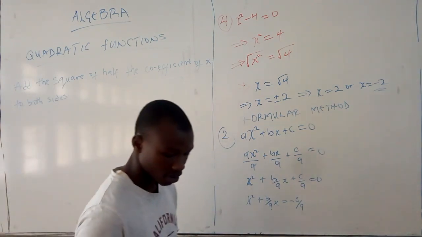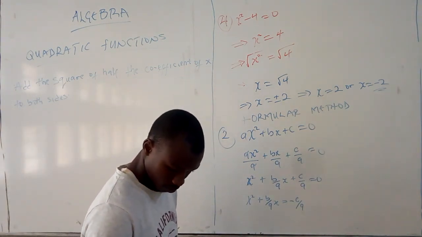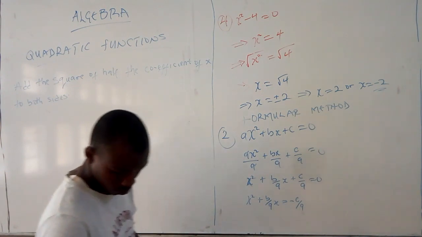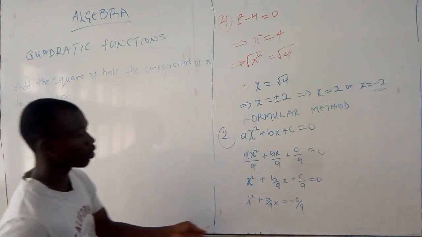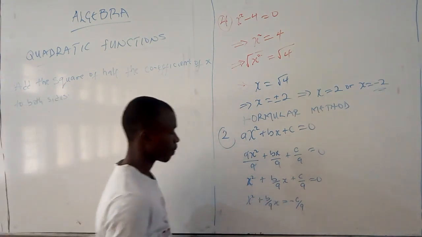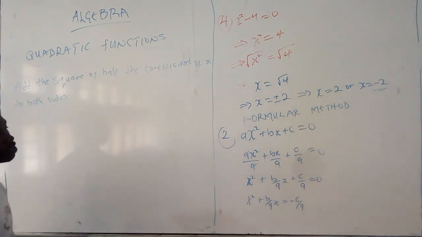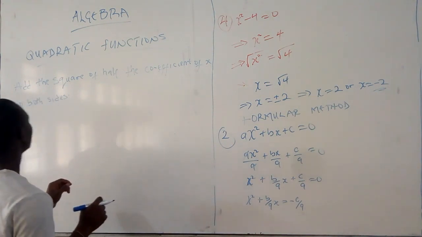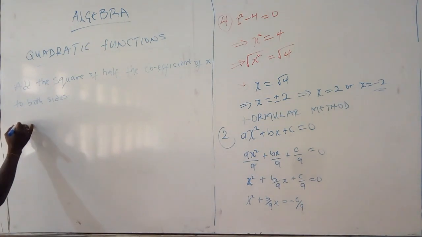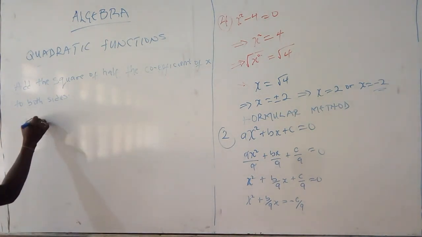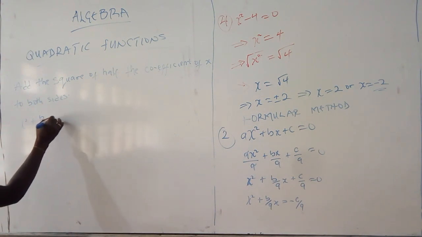What it means is, this is the coefficient of x, b over a. So you take the half of it and square it, and add it to both the left and the right hand side. So you will end up arriving at x squared plus b over a x.